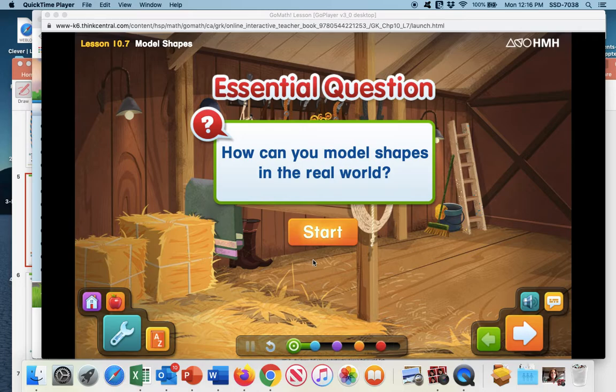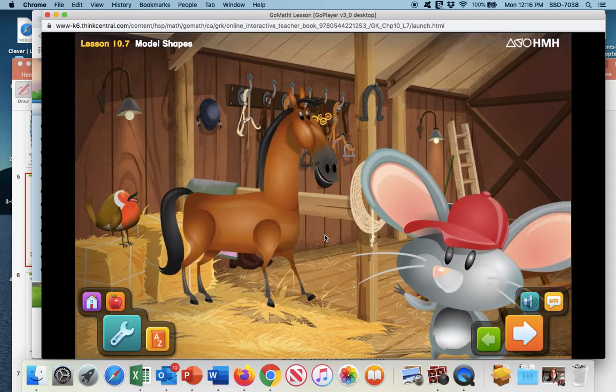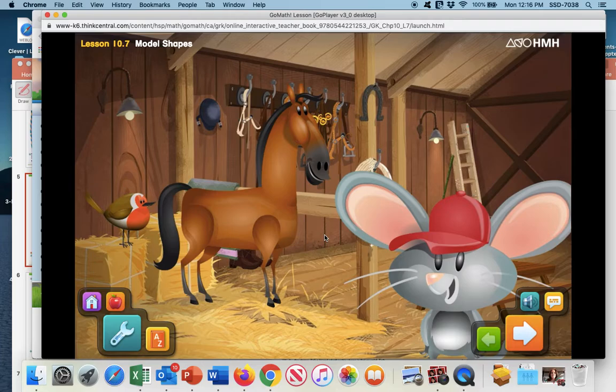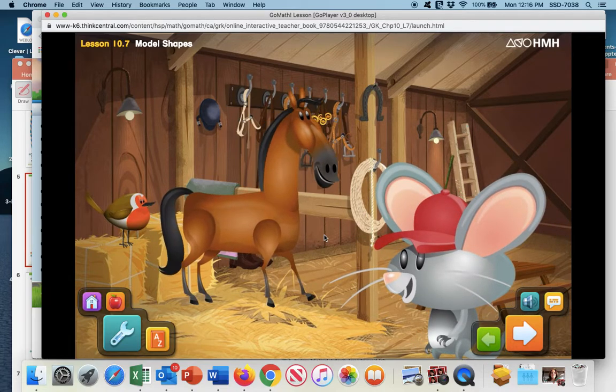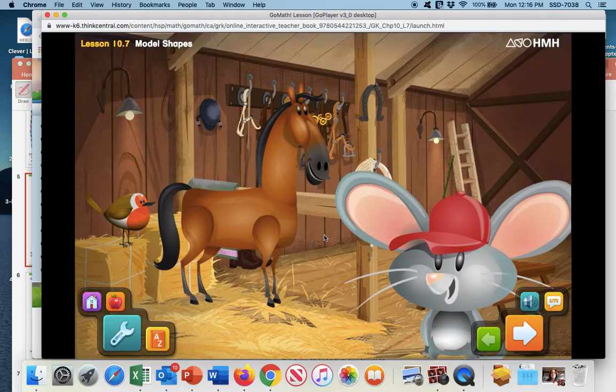So how can you model shapes in the real world? Hey there! These are my friends, Roberto and Henry. Wait, my dates. Henry has a box outside the barn that holds the hay heaps.